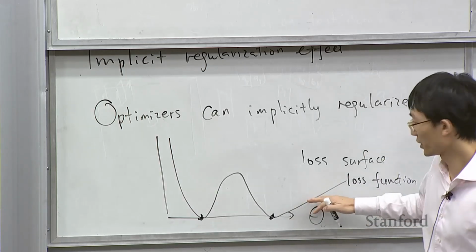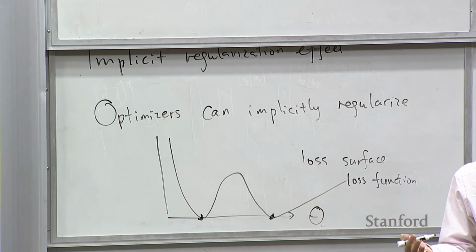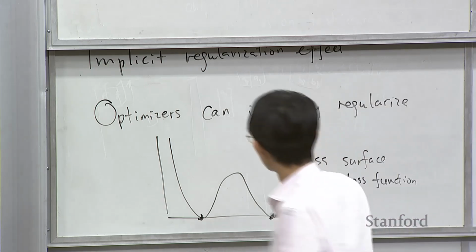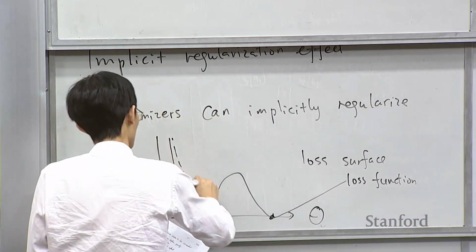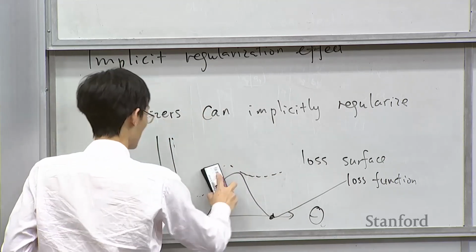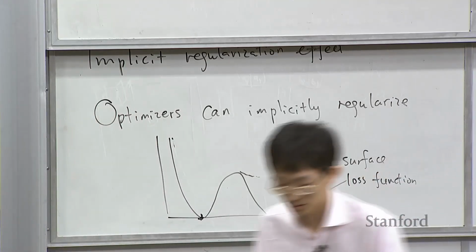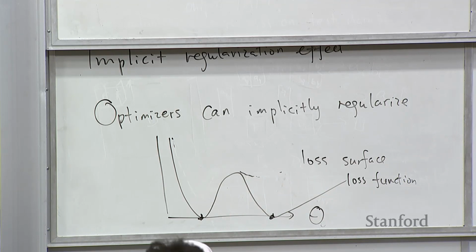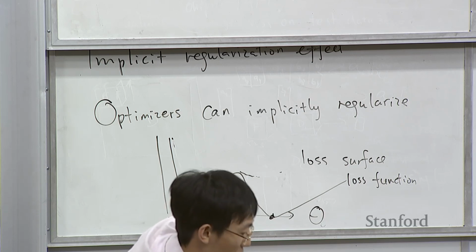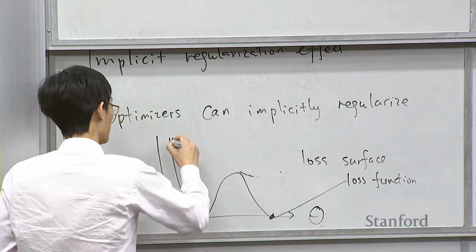However, I'm talking about training loss. If you really look at the test loss, it will look a little bit different. The test loss would be different from the training loss. So this is the training loss, and the test loss probably looks like this.